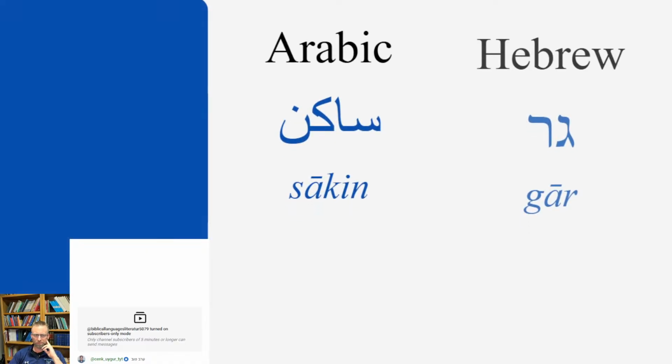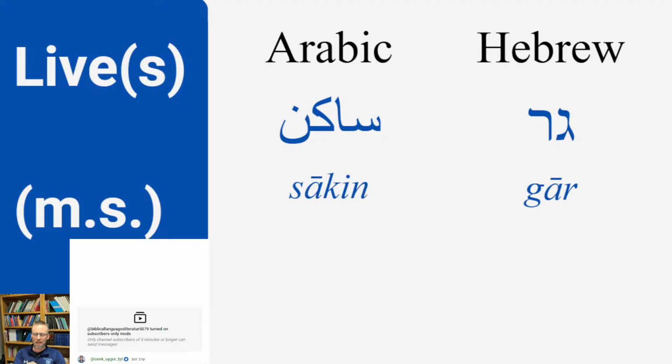So lives in Hebrew and in Arabic. In Hebrew, we have gar, gar. We said that's a biblical Hebrew participle, but the participle functions as a present tense, and Jank got it there. Awesome. So gar is the masculine singular word for live or lives.